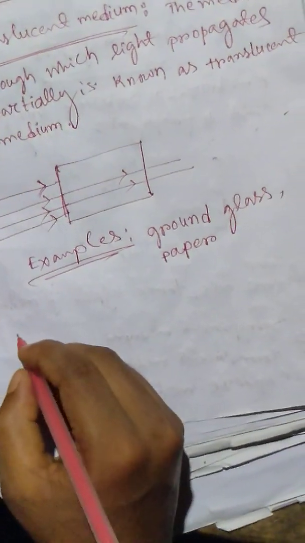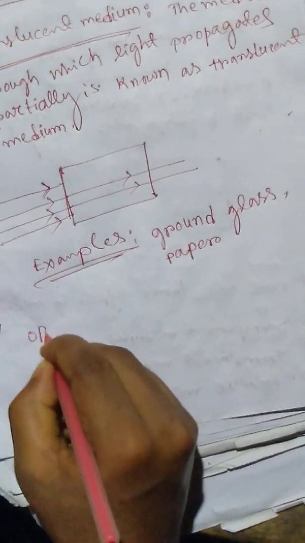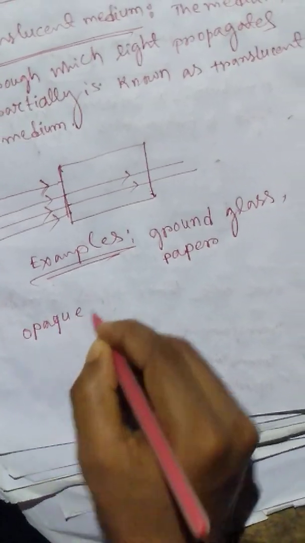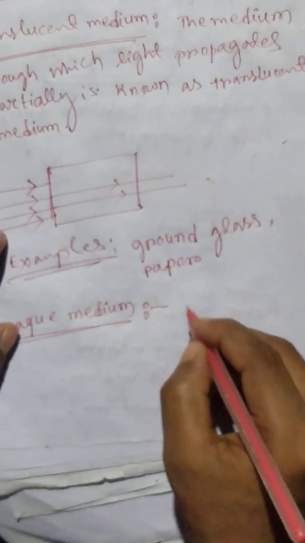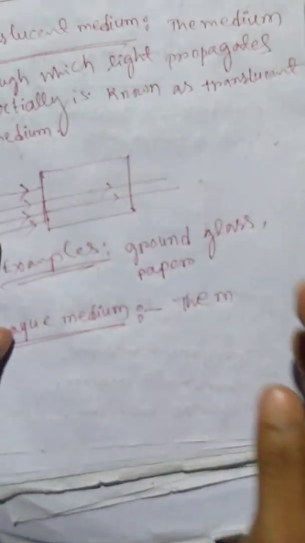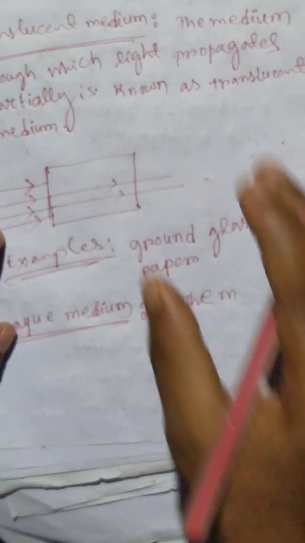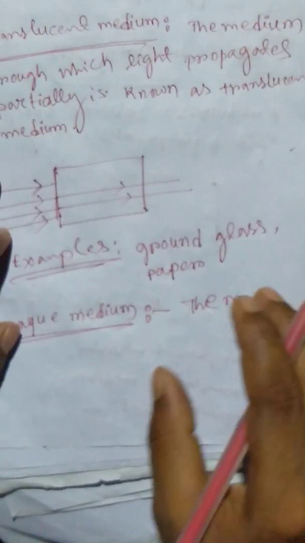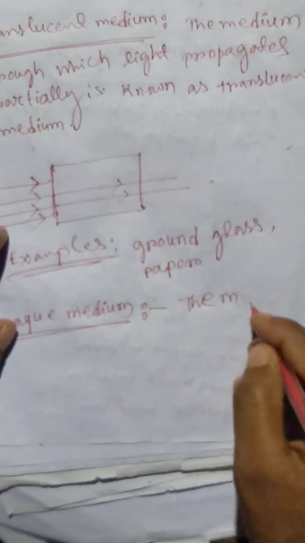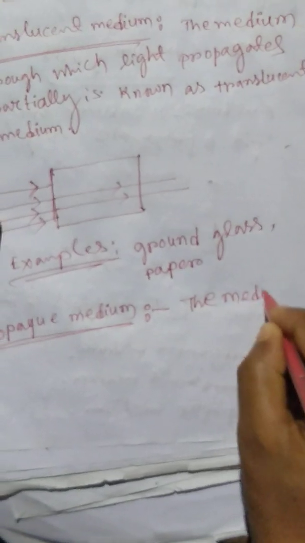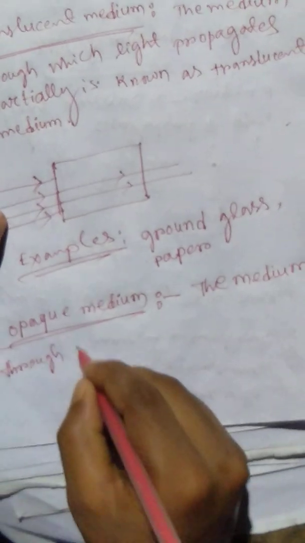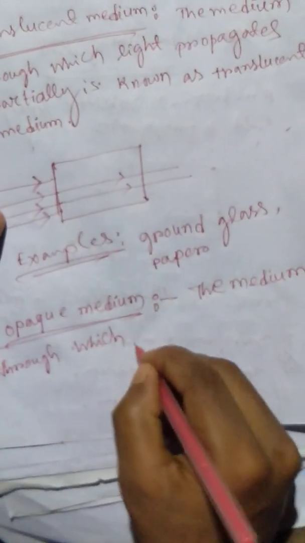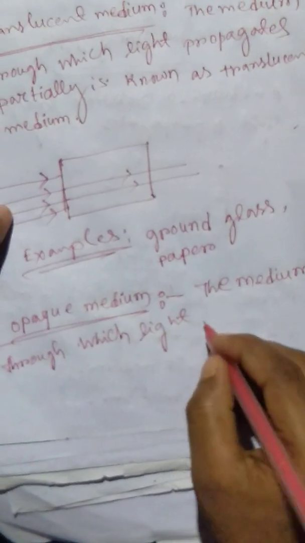Then the next topic is opaque medium. What is the opaque medium? The starting point of the three definitions is the same.